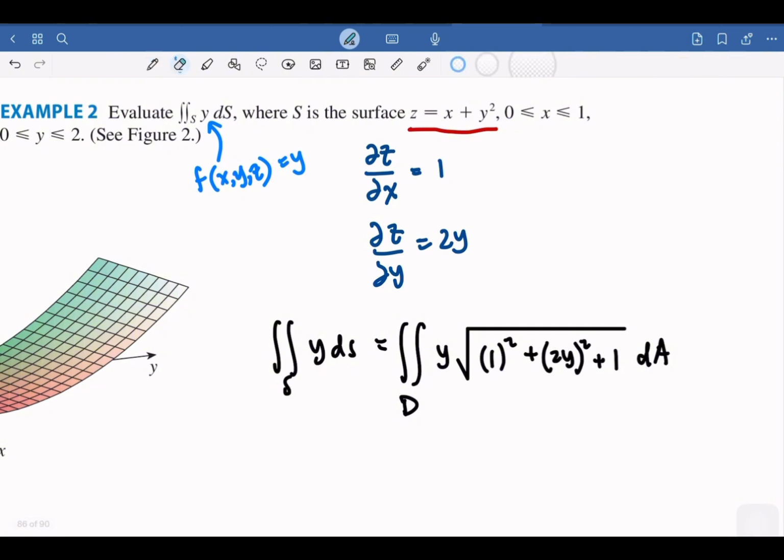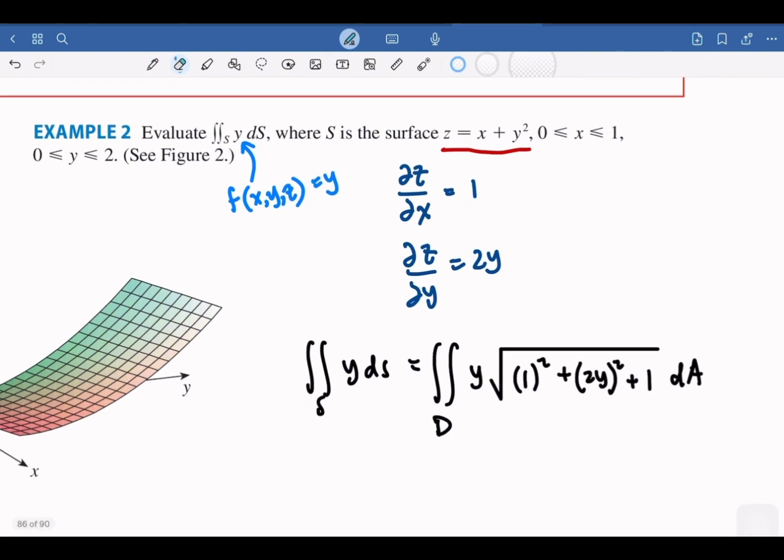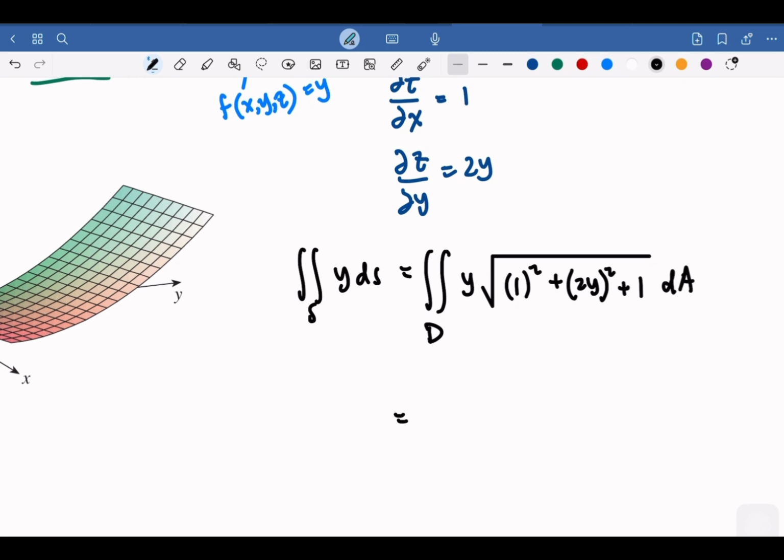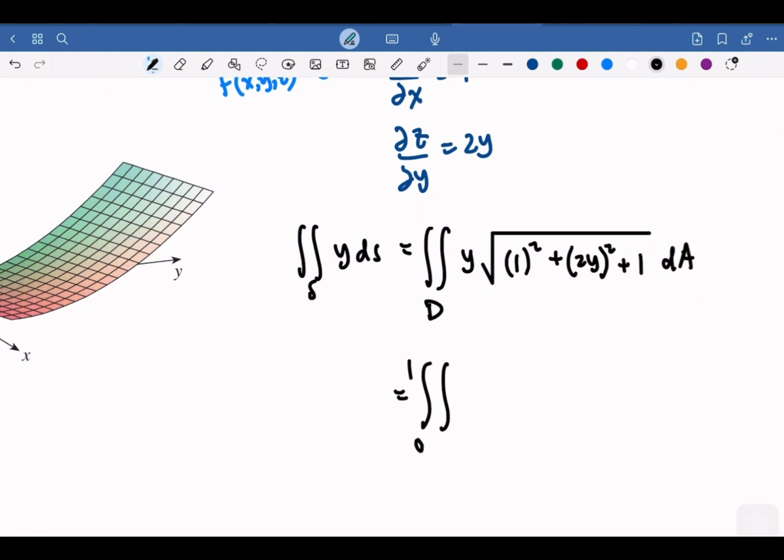And notice that we have constant limits for x and y as well. So we are going to evaluate either dy dx or dx dy. I will write dy dx first. So this is 0 to 1, 0 to 2, depending on what we have in the integration.